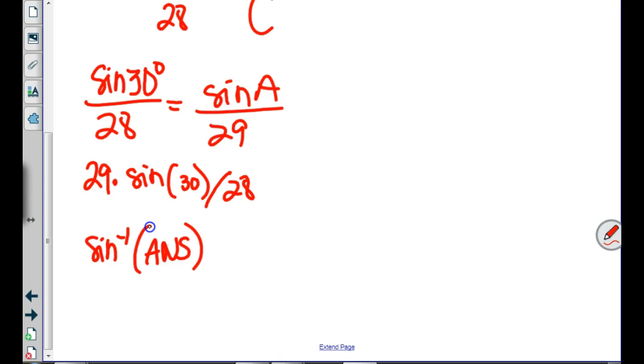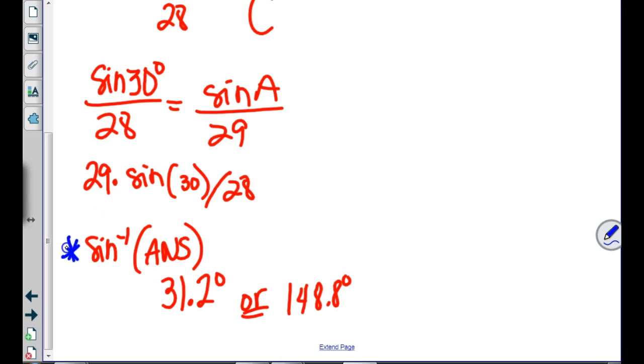If I take inverse sine of that, I get 31.2 degrees. Because I did inverse sine, I'm also supposed to do the supplement of that. Supplement of that is 148.8. Remember, that's only when you're doing inverse sine.